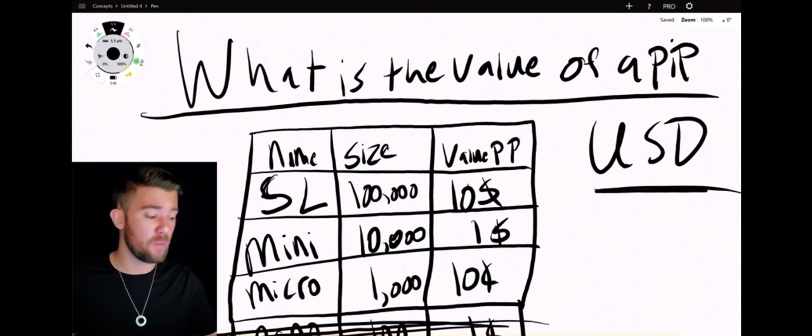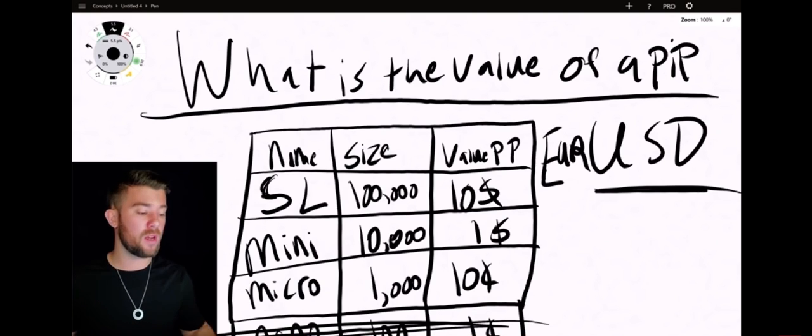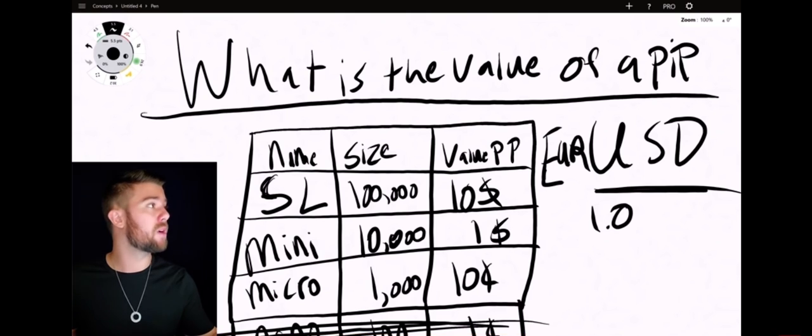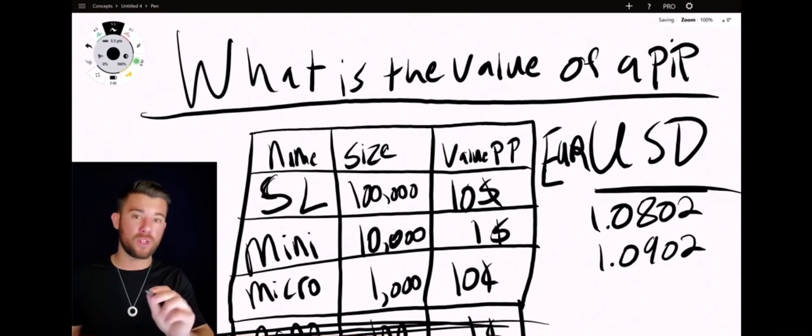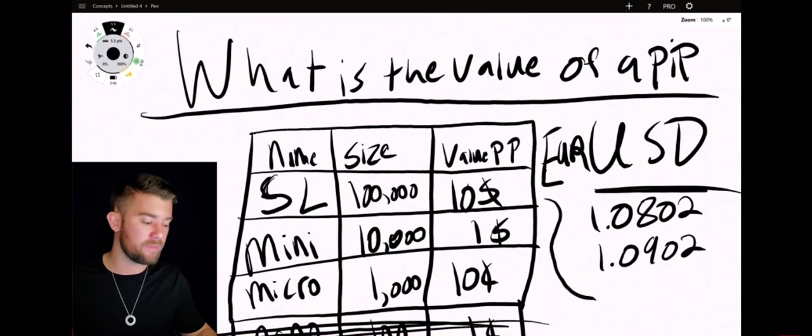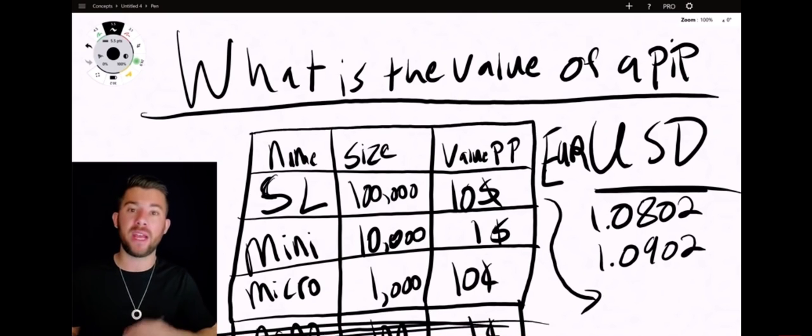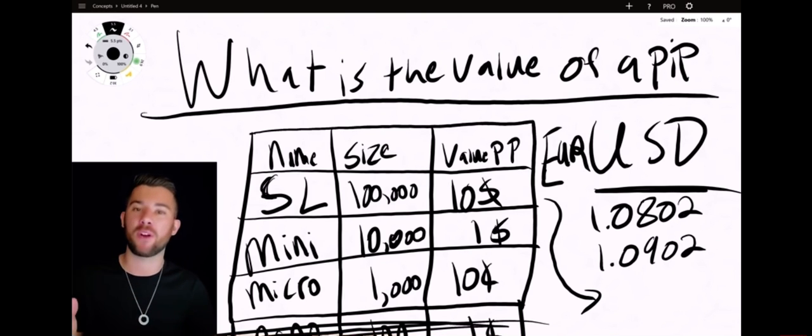So for instance, if you bought the euro dollar, EUR, at 1.0802 and it went to 1.0902, if you were trading a standard lot and this happened, how much would you gain on that position? How much money is that actually worth? That's what we're going to determine up next. So let's go ahead and do that.